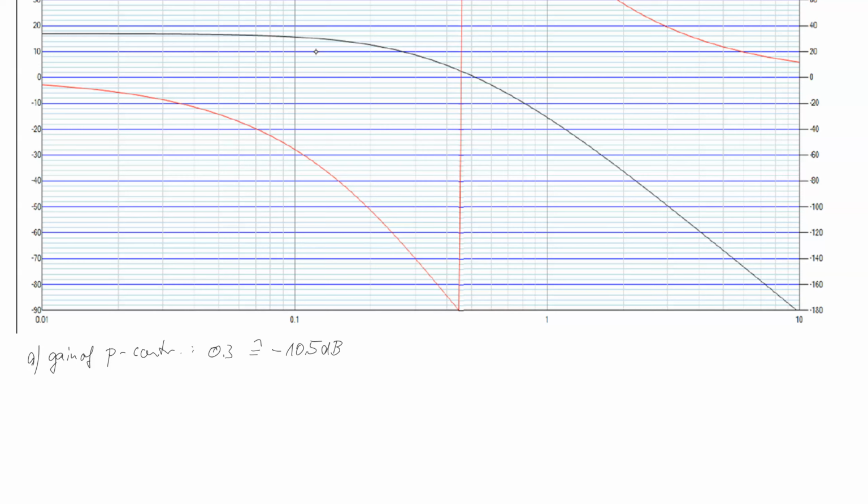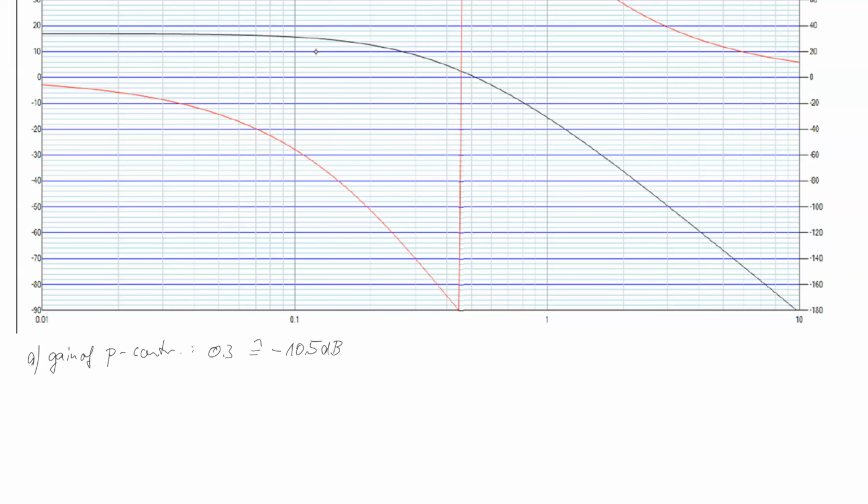If you want to have the open loop magnitude, we have to add this minus 10.5 dB to this black curve. So we normally have to redraw the curve. The curve is shifted completely by negative 10.5 dB downward. But of course, this new drawing of a magnitude plot is rather time-consuming and not necessary.